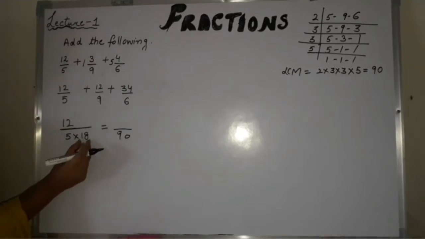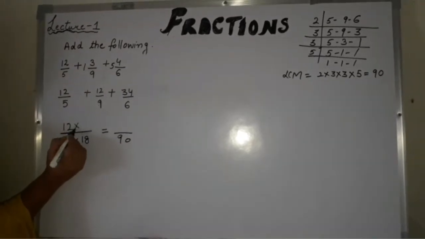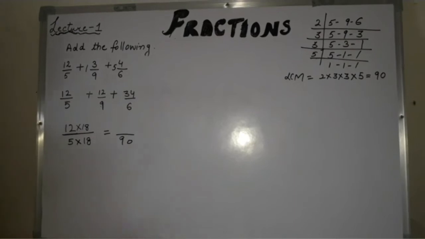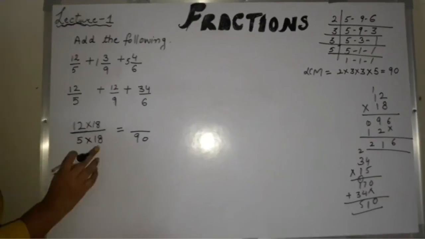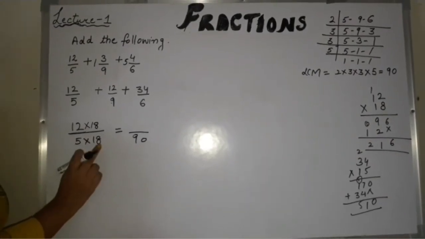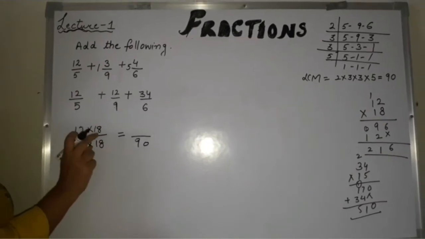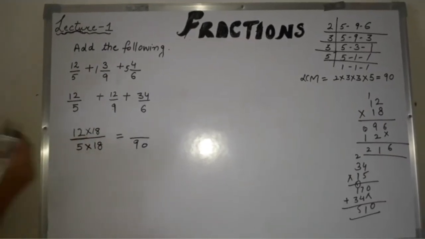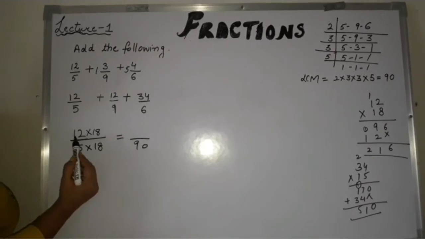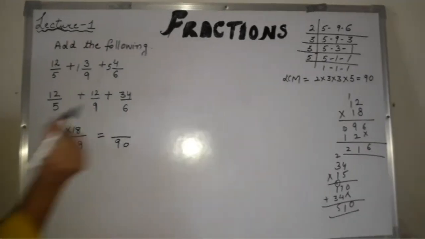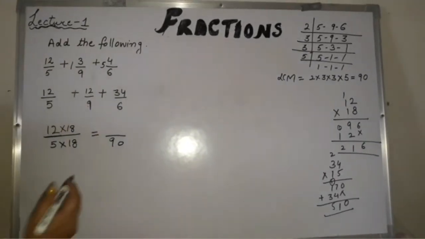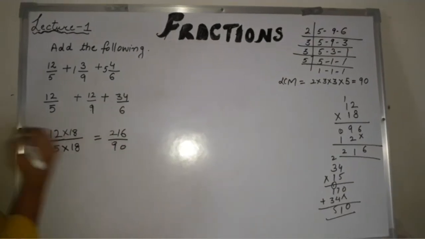Now if I multiply the denominator by 18, I have to multiply the numerator by 18 also. So I multiply 12 by 18. I did the rough work there, and I got my answer as 216.